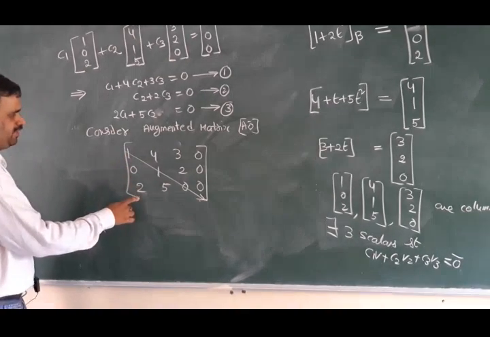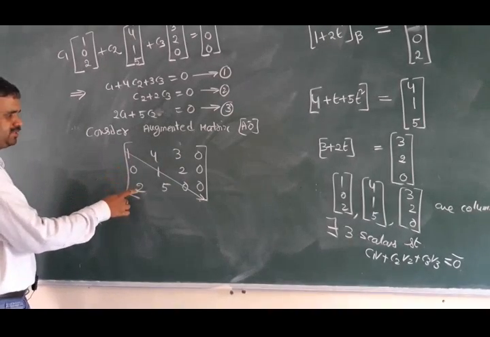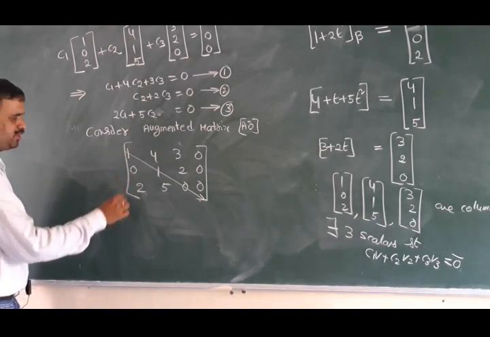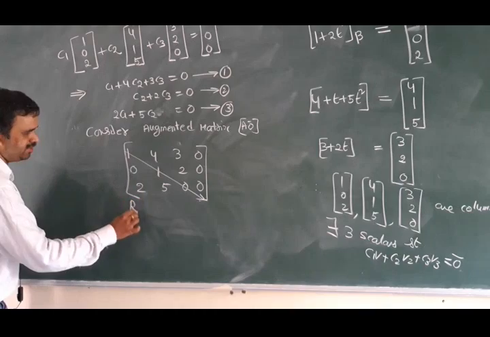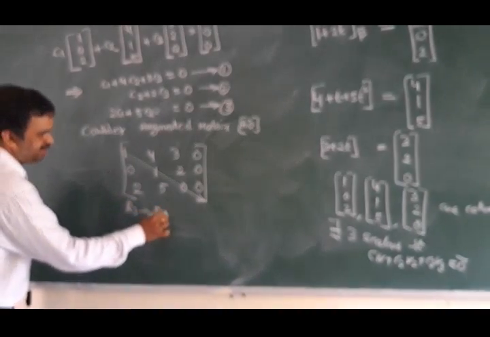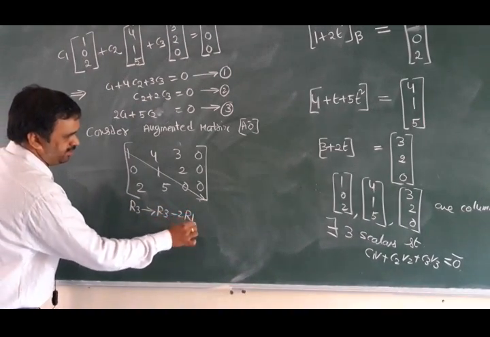In the first column we have 0 and 2 below this. I will make these 2 elements 0. Already we have 0, so I have to make this element 0. R3 implies R3 minus 2R1.